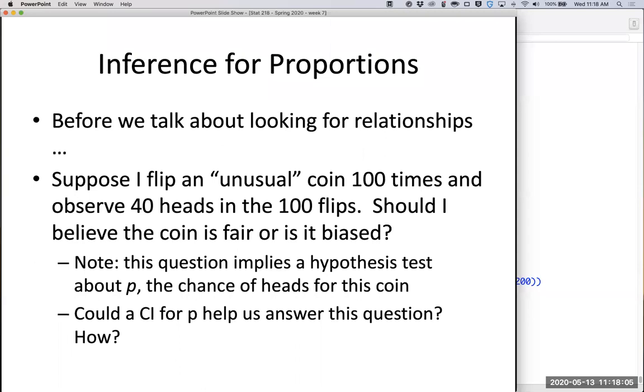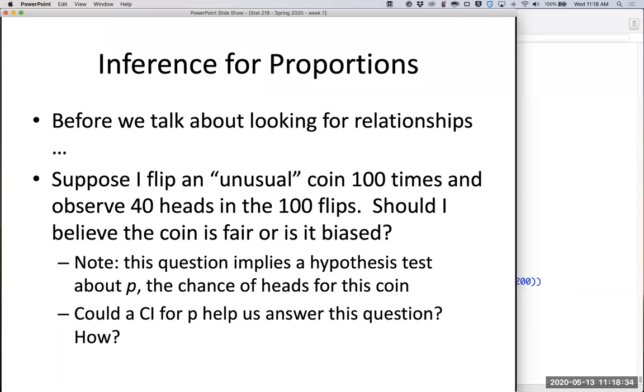A confidence interval like in Chapter 9, Section 2 could help us. If our confidence interval for the rate of heads on the coin includes 0.5, a fair coin, 50% heads and 50% tails, would not be viewed as unusual or surprising or implausible.